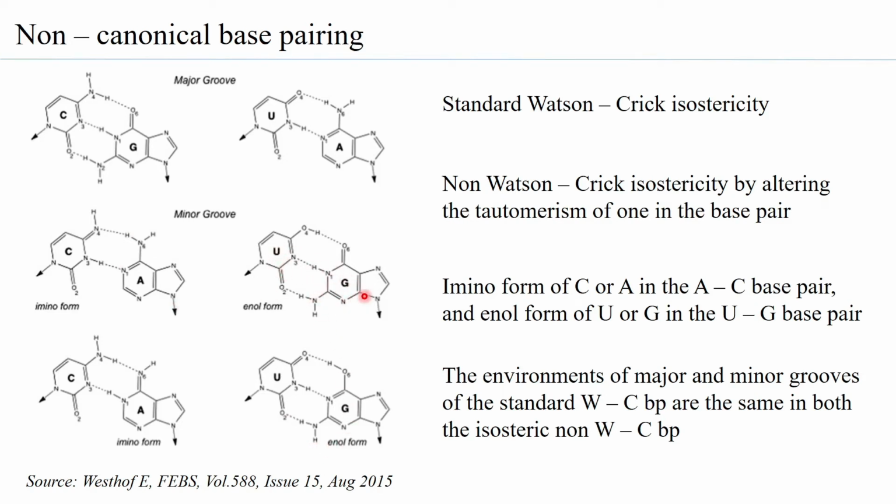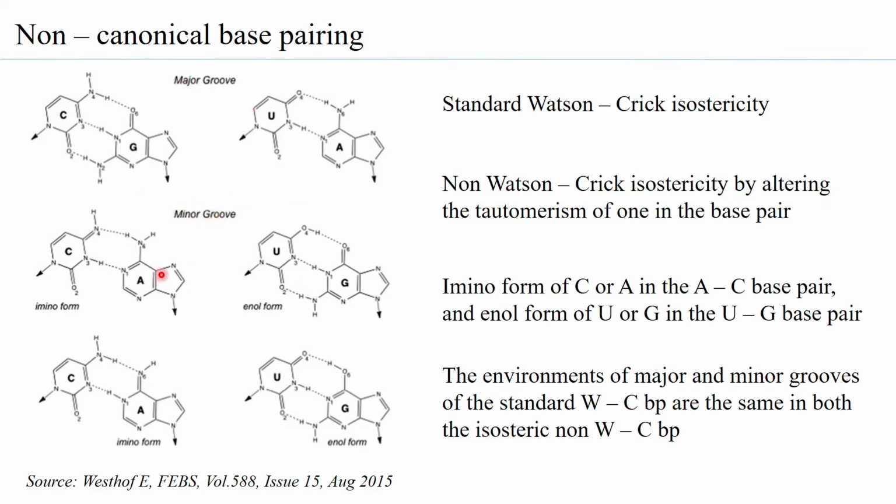U and G, as you can see, is a wobble base pair, and you can observe very clearly that when U is in the enol form or when G is in the enol form, you will have isostericity even if it is a non-canonical base pairing. Now, when you have a canonical Watson and Crick, this part contributes to the major groove formation and this part forms a minor groove.